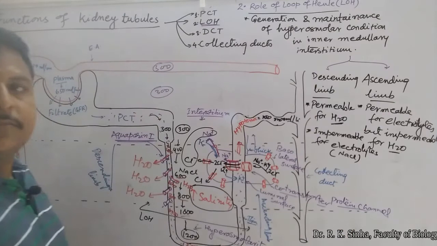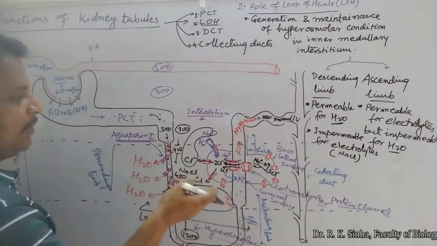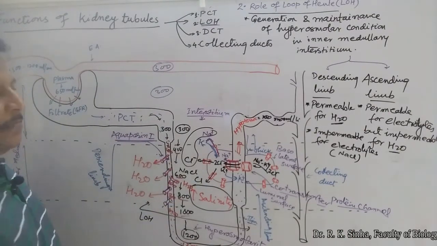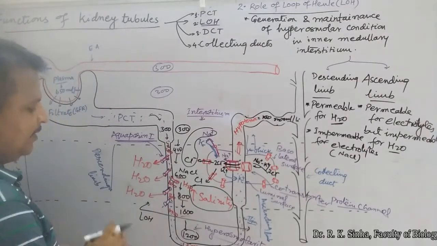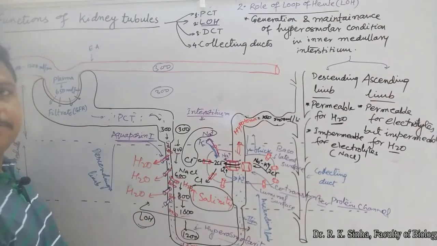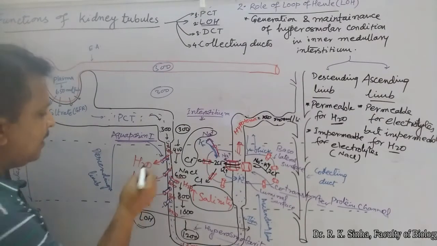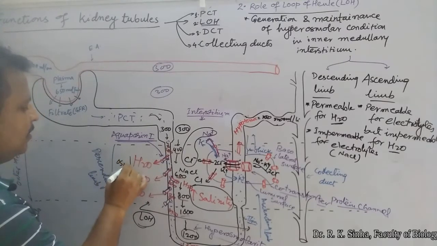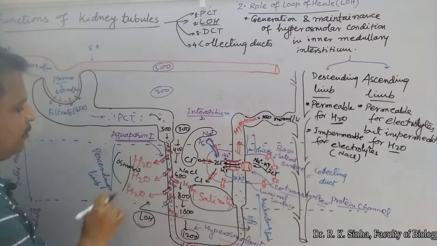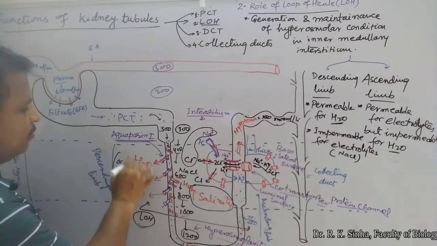So this is permeable for water, not for salt. This is the function of the loop of Henle. This is passive, meaning osmosis. By the osmosis process, the water will come out.